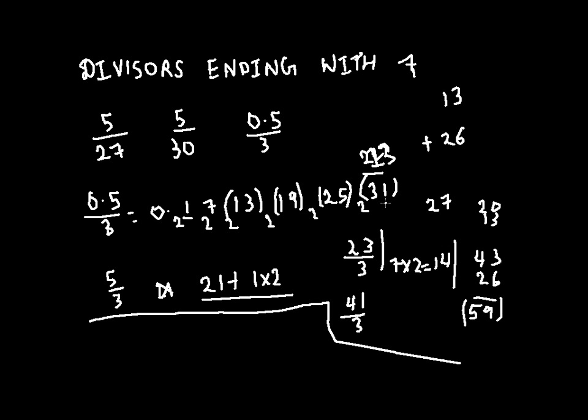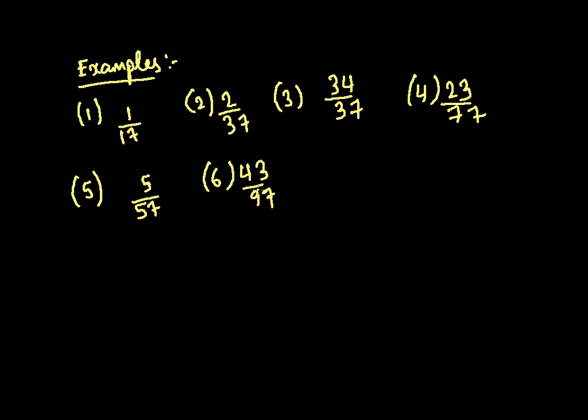That is 1 is retained, 3 gets added to 25, 28, 8 is retained, again 2 is added here, 21, again 1 is retained, 2 is added, 15, 5 is retained, 1 is added, 8, 1. So 0.185181 is our final answer. Yep. Now take these examples, solve them and try to improve your speed.